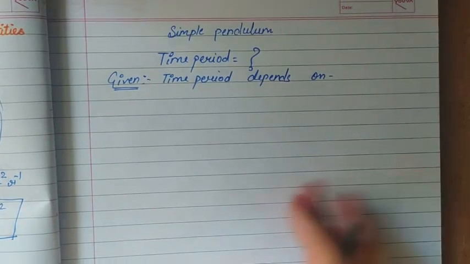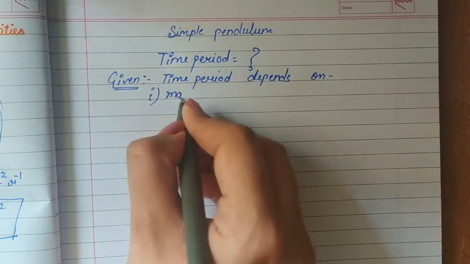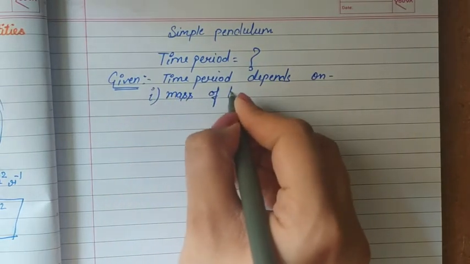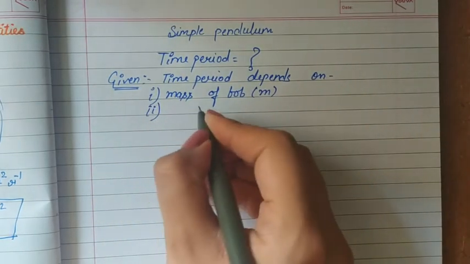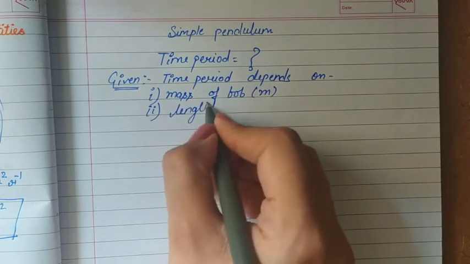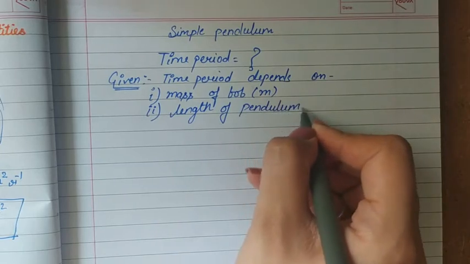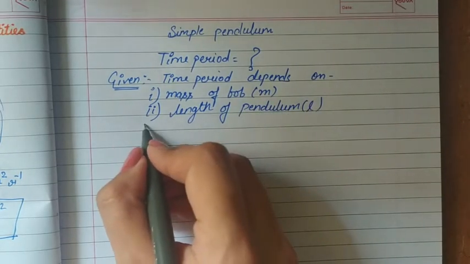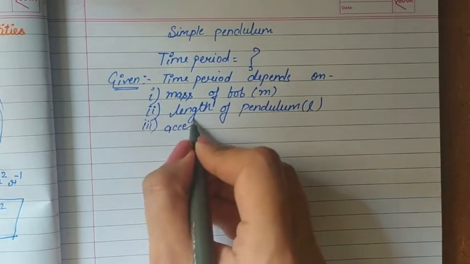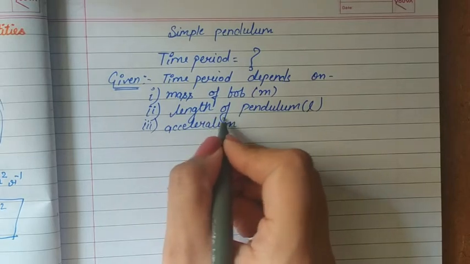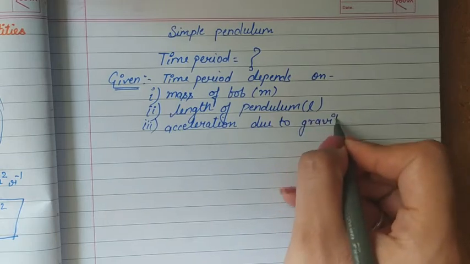following factors. So the factors on which it depends are, the first is mass of bob, m. Second is length of the pendulum, L. And third is acceleration due to gravity, g.